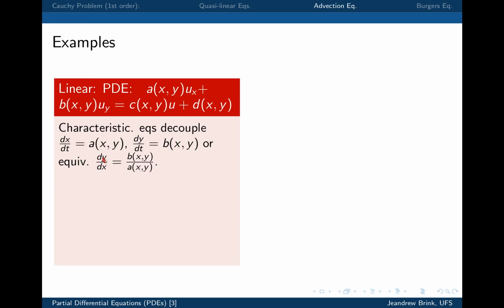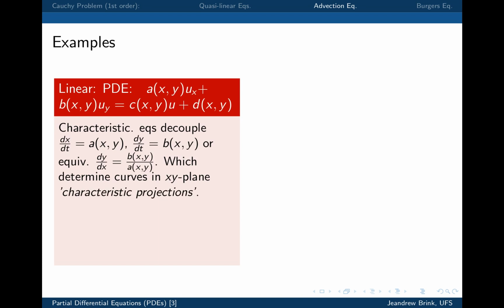So you can solve this, hopefully using the techniques from the second year, to get a function of y in terms of x, or an implicit function of the two. And what this does is simply determine curves in your xy plane. So instead of looking at this surface in 3 dimensions, we are now looking at what the projection of the characteristics on that surface will look like in the xy plane.